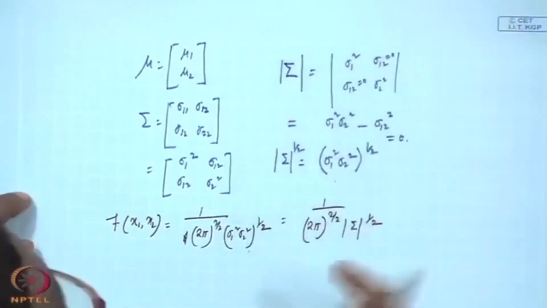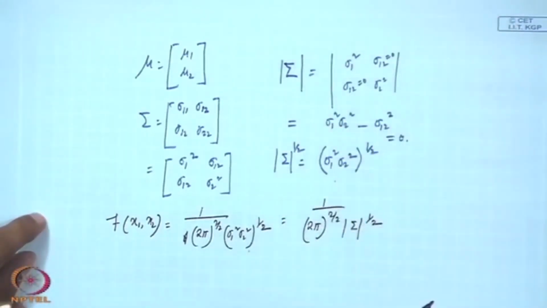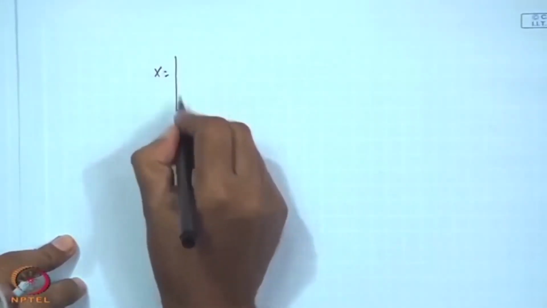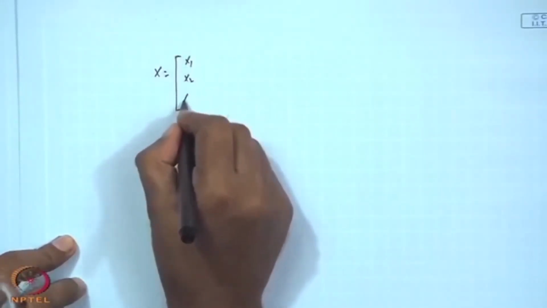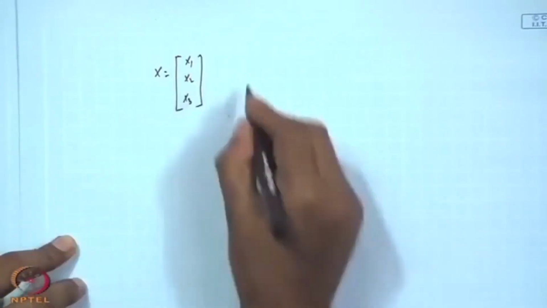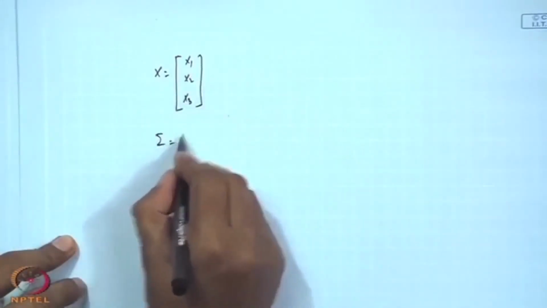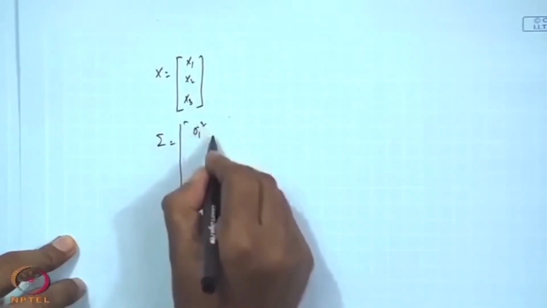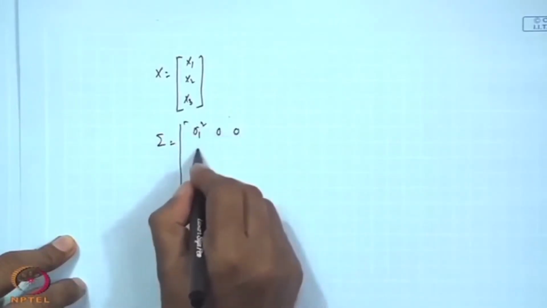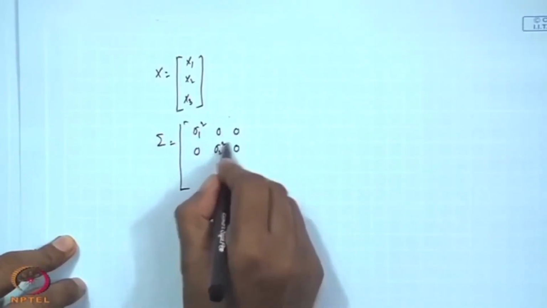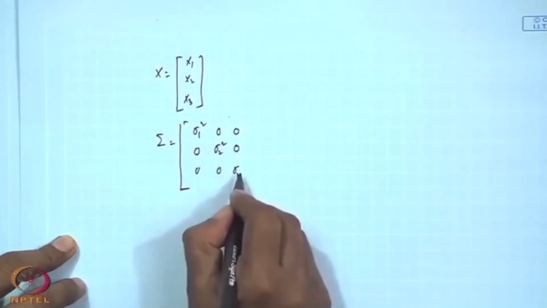Now, suppose you have one more variable. That means, suppose you have taken 3 variables now, like x is x1, x2 and x3, and you also consider that your sigma is the diagonal matrix with sigma 1 square, sigma 2 square, sigma 3 square and zeros elsewhere.